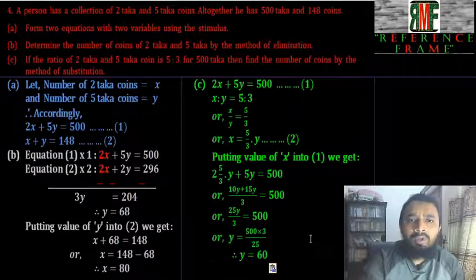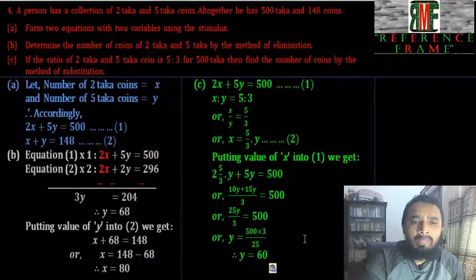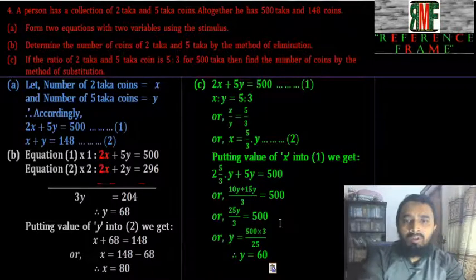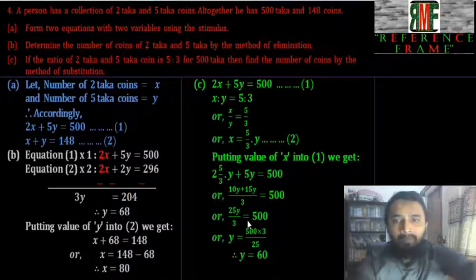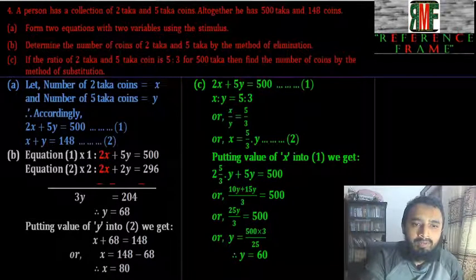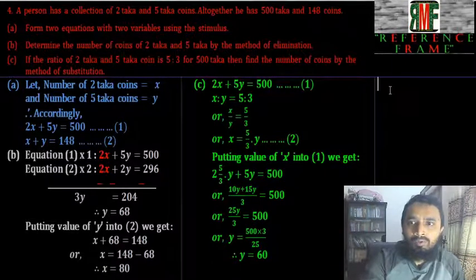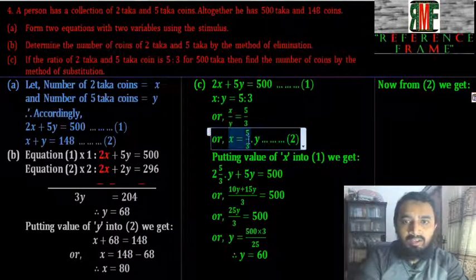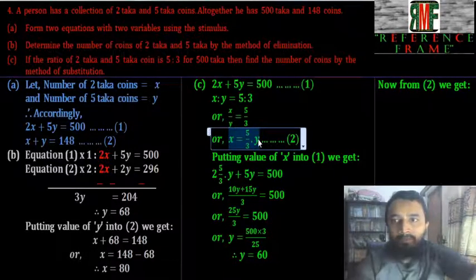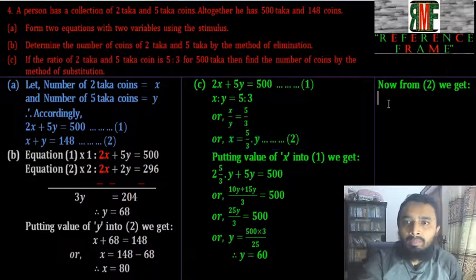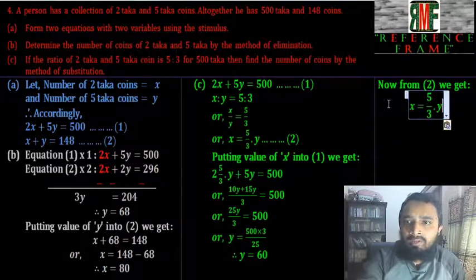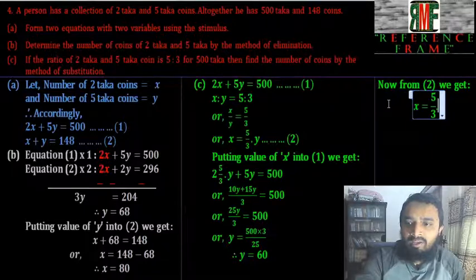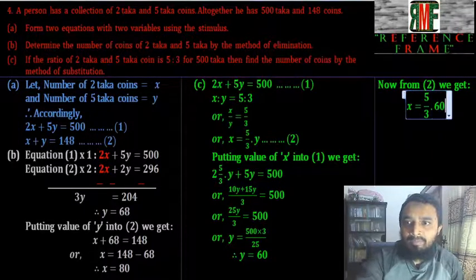Now all we need to do is find out the number of coins of 2 taka. So from equation 2, by putting down this value, what are we going to get? Look, if we put this value into 2, now what is the value of y? The value of y is 60.